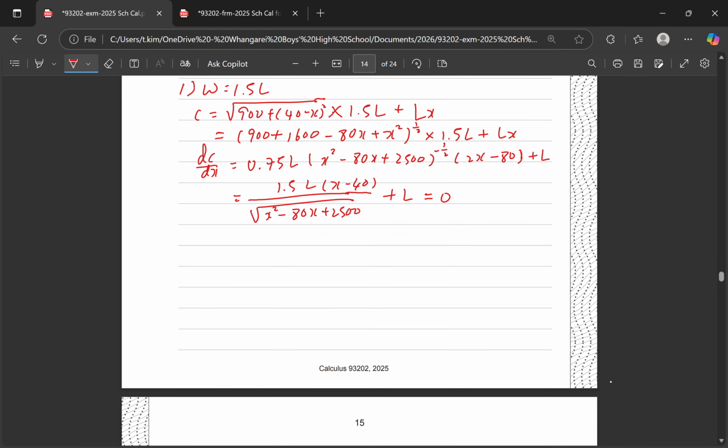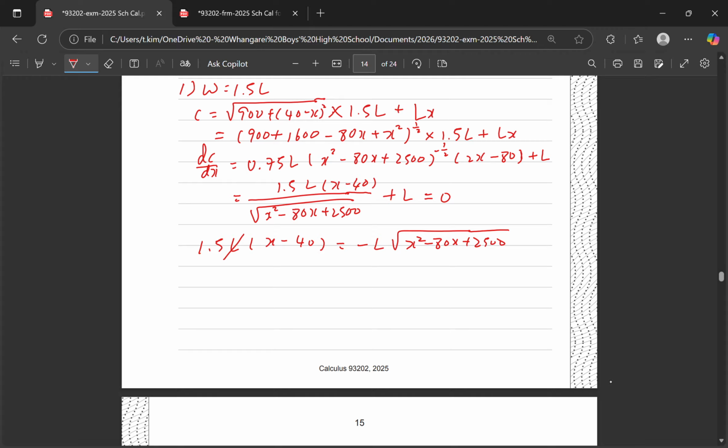I assume this is a local minimum. So if I rewrite this, 1.5 L times x minus 40 over this equals negative L, so it's minus L square root of x squared minus 80x plus 2,500.